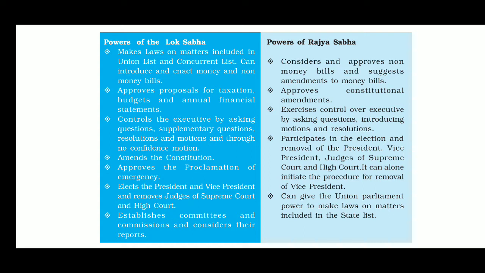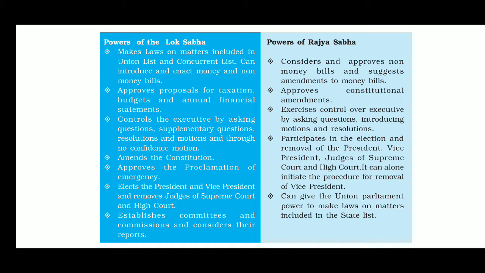While the powers of Rajya Sabha: considers and approves non-money bills and suggests amendments to money bills, approves constitutional amendments, exercises control over the executive by asking questions, introducing motions and resolutions, participates in the election and removal of the President, Vice President, and judges of the Supreme Court and High Court.